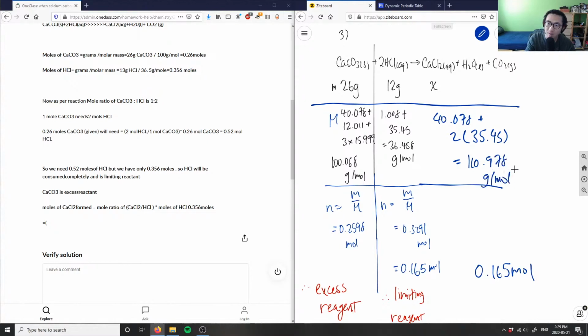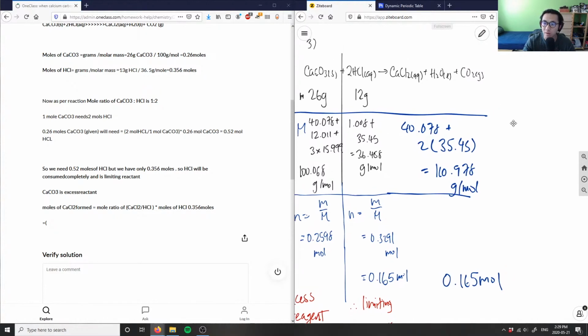grams per mole. And finally, I can solve for my x value, right? And this x value is simply, if I rearrange this equation, so if I know that moles equals mass over molar mass, then mass here has to be moles times my molar mass. So I'm taking 0.165 multiplied by 110.978 here.